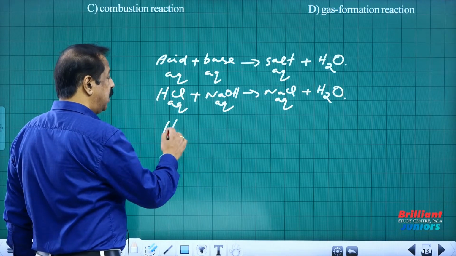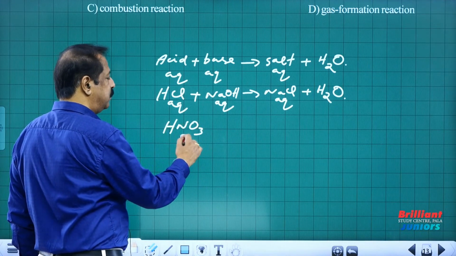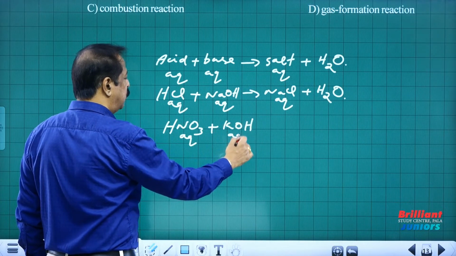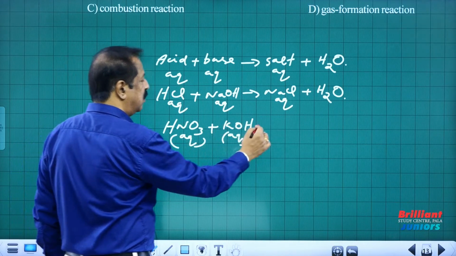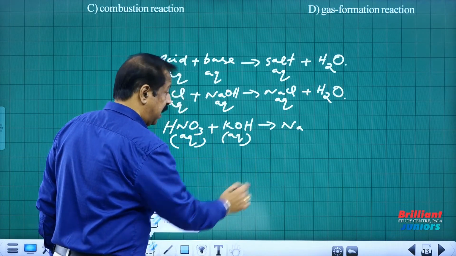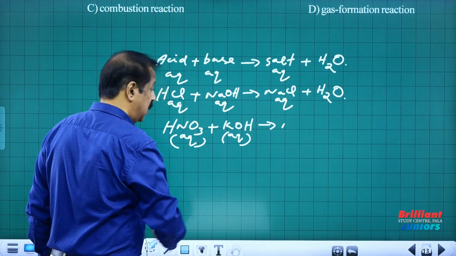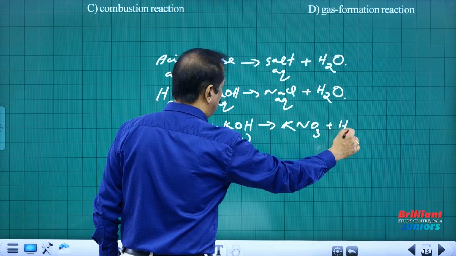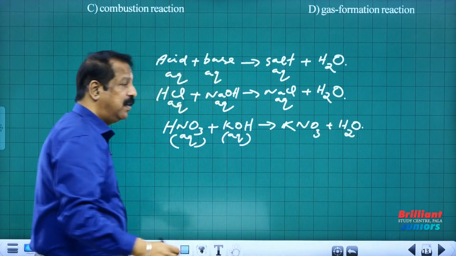Another example is you take HNO3 aqueous plus KOH aqueous. Aqueous means a dilute solution. The product is KNO3 plus water. So this is another example of neutralization.